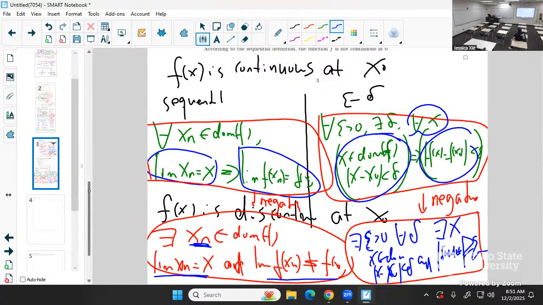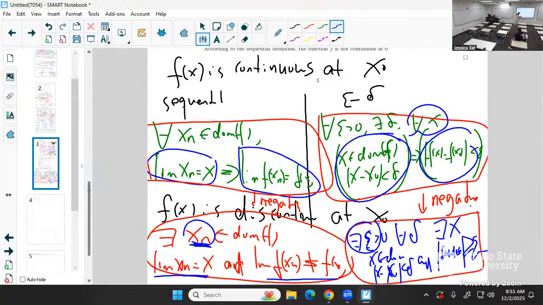That's it. But you see here, if we try to prove a function discontinuous at x naught using the epsilon-delta negation, it's going to be very complicated. You have to find the epsilon such that this is true, which is very complicated. On the other hand, the sequential negation is much easier.